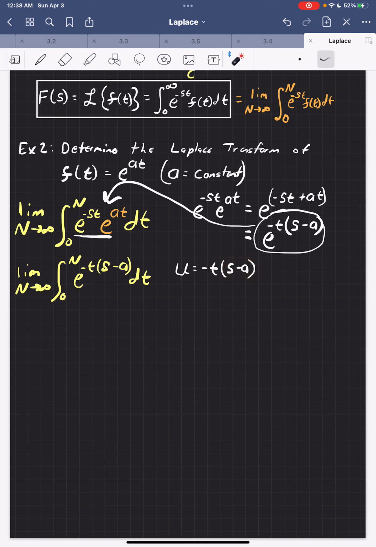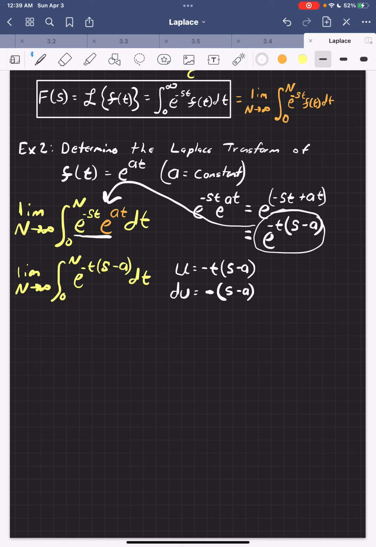then, just like, look, if u were to equal some constant times t, then du is equal to just that constant. Well, this s minus a, I don't know what they are, but they are constants. So when I take du, the derivative of negative t is negative 1. And of course, I still have this s minus a left over.